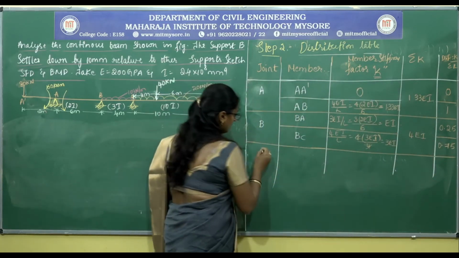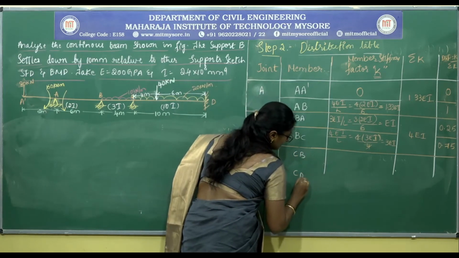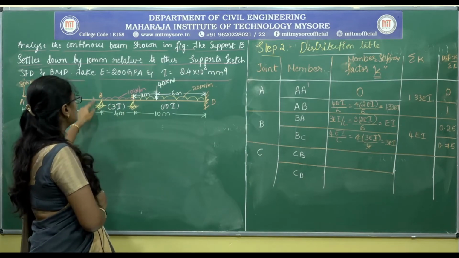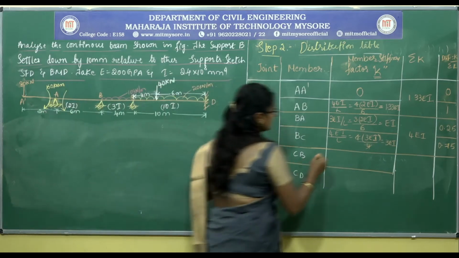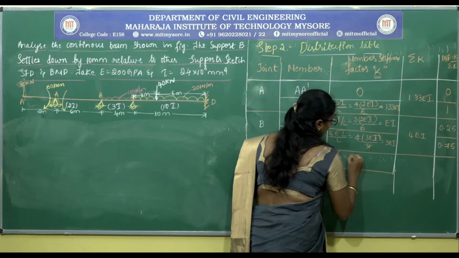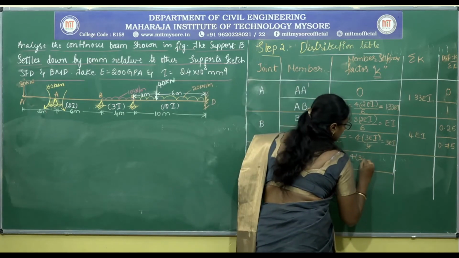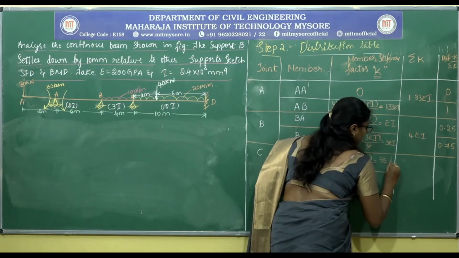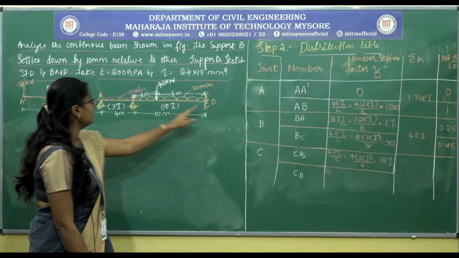Next, for joint C, CB and CD. For CB, C is the near end, B is the far end. Since the far end is continuous, we consider it as fixed. So for fixed, it is 4EI by L. 4 into 3EI divided by 4, 3EI. Then again CD. For CD, C is the near end, D is the far end.